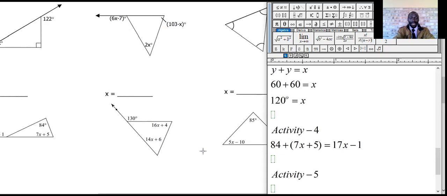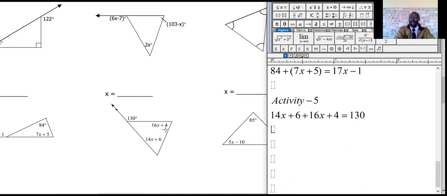The first thing is that we add 14x plus 6, which is this first angle here, to 16x plus 4. Then we make this equal to 130 degrees. Now from here, you will be able to determine the value of x.